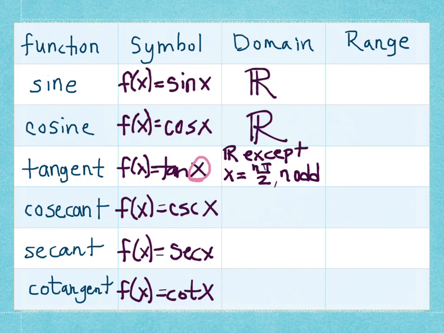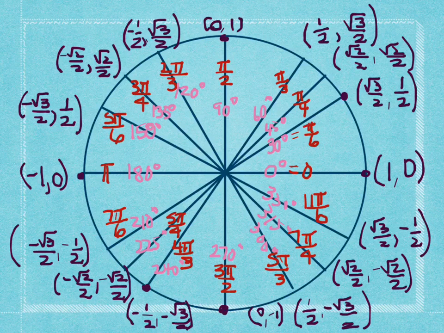It's 1 over y. So if I'm looking at my unit circle, where do I have y values that are 0? 0 and 180, or 0 and pi, right? Whole pi values. And actually, 0 is a whole pi value too. It's 0 pi.